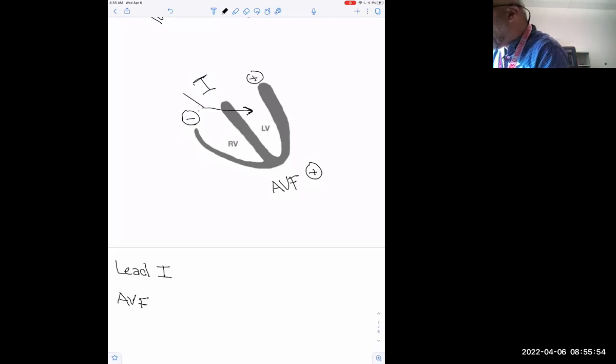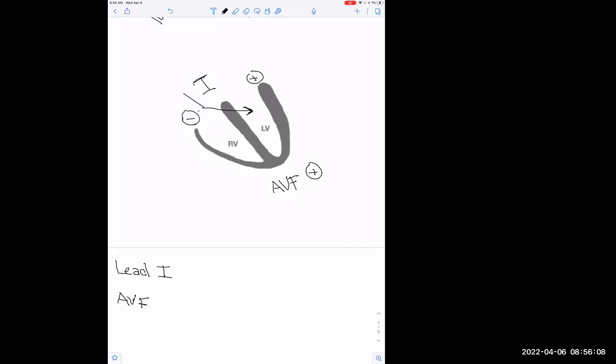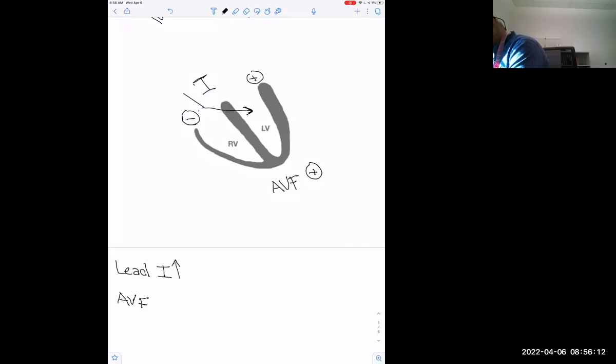If you have an impulse that is moving downward and to the left, what type of deflection would you expect to see in lead 1? Positive. Absolutely, you would expect to see a positive vector or positive QRS.